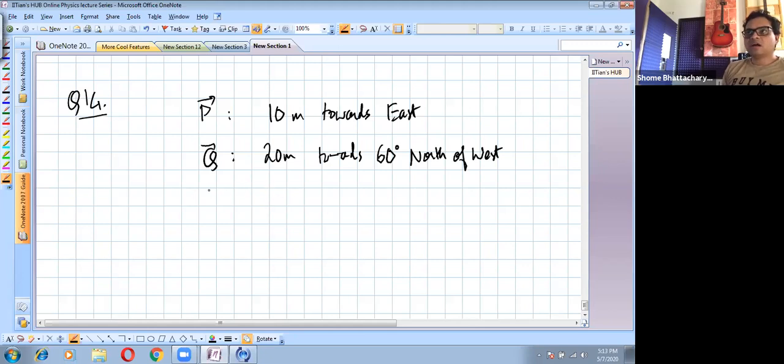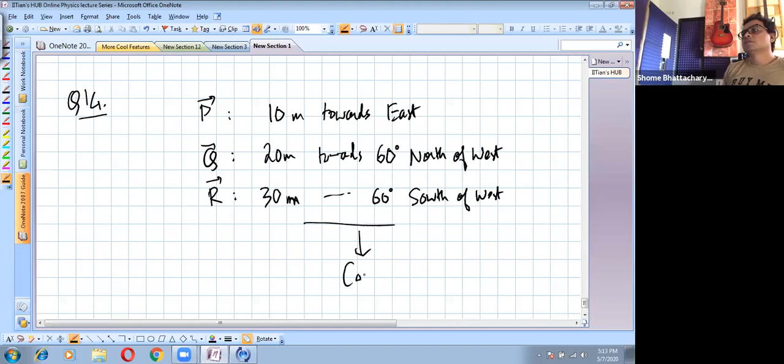And finally, R is a displacement of 30 meters, but it is in which direction? 30 meters, at 60 degrees south of west. Okay. So the main thing is, again, what we have to do is convert to components.